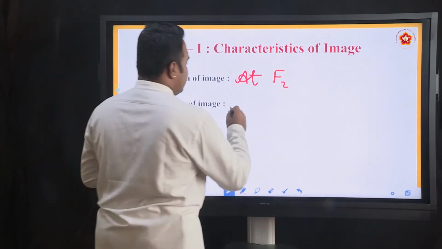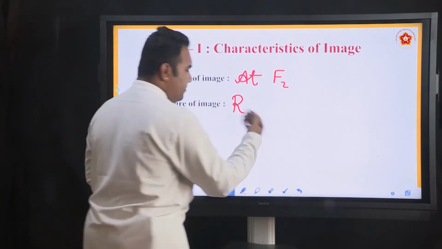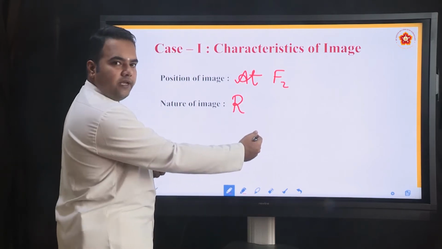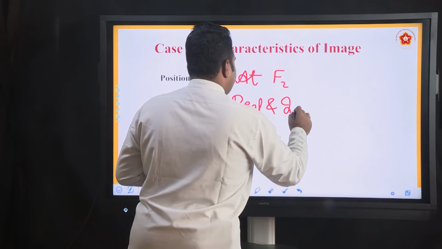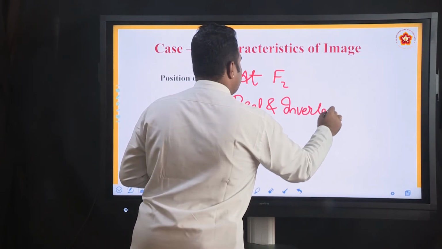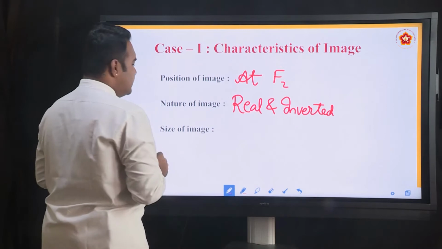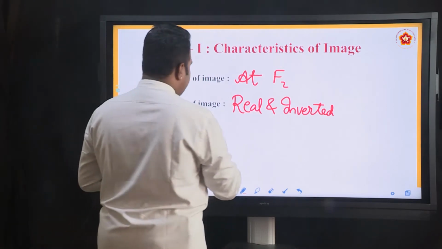Nature of the image: it is a real image because it can be obtained on a screen that is placed in front of the lens, real and inverted. Size of the image, what will it be?